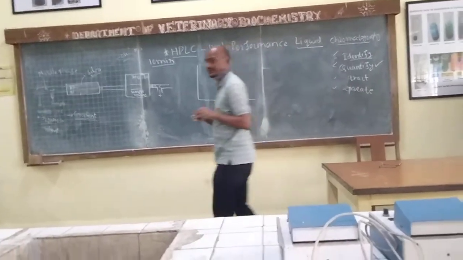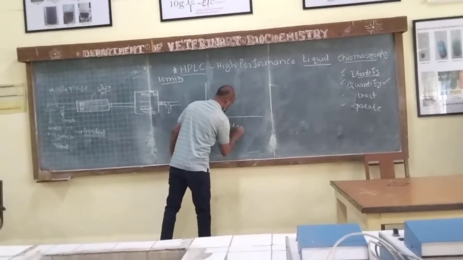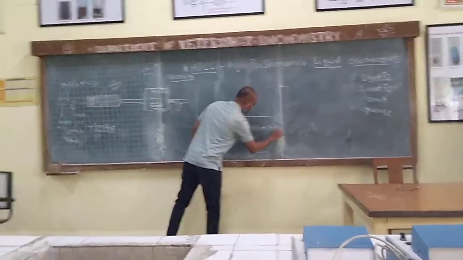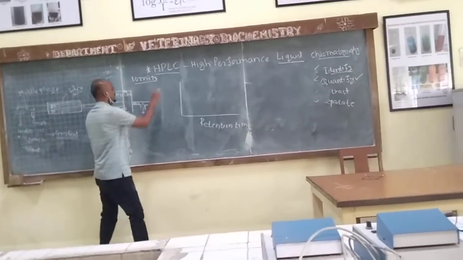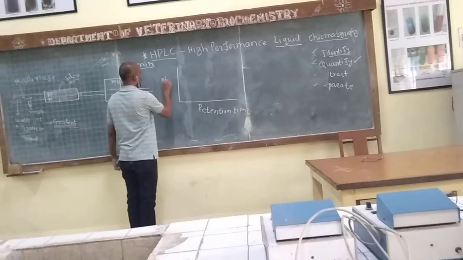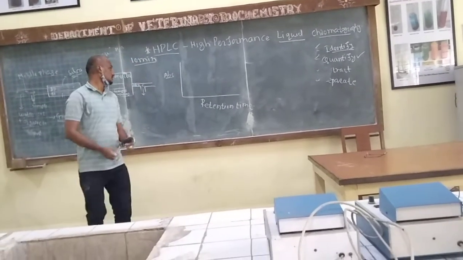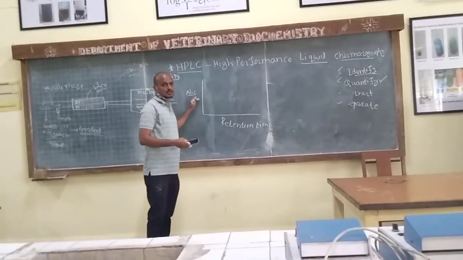The molecule is getting retained on the column, so we call it retention time. On this axis we have absorbance, and based on the absorbance value, we can also interpret it as concentration.